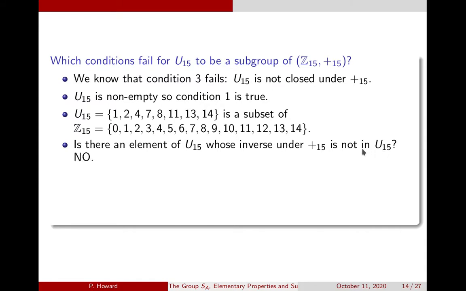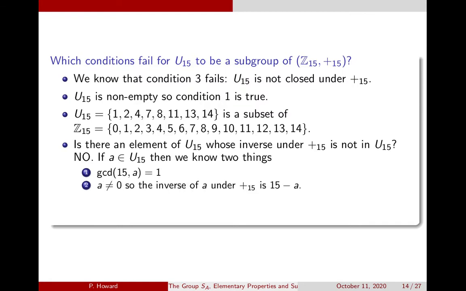The answer is no. For every element of U sub 15, its inverse under plus sub 15 is back in U sub 15. And here's the reason. If we take an element, a little a in U sub 15, we know two things about a. We know that the greatest common divisor of 15 and a is equal to 1. That's part of the requirements for being in U sub 15.